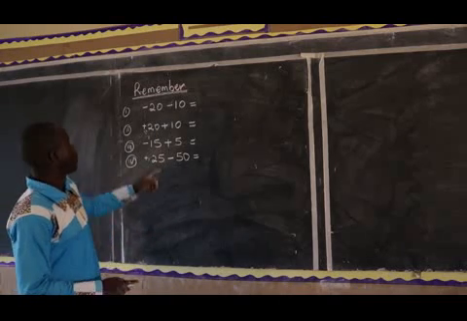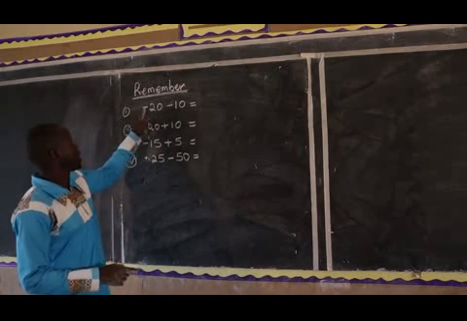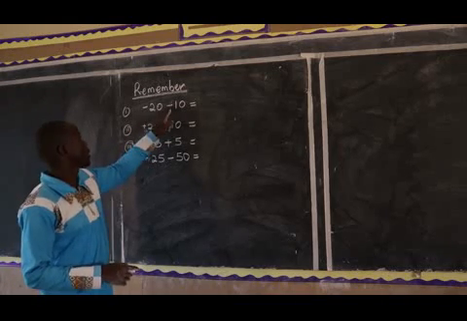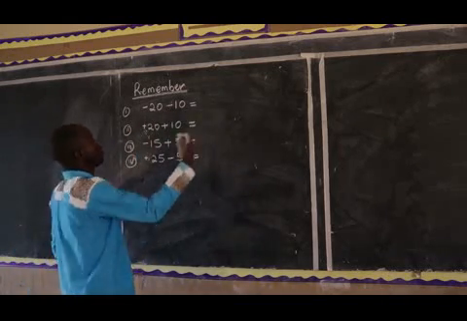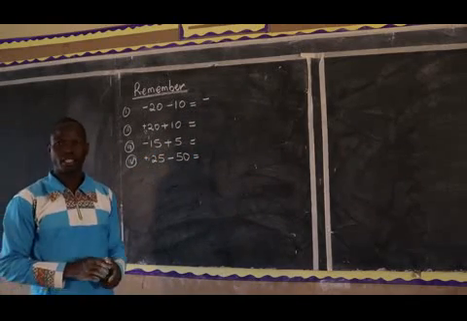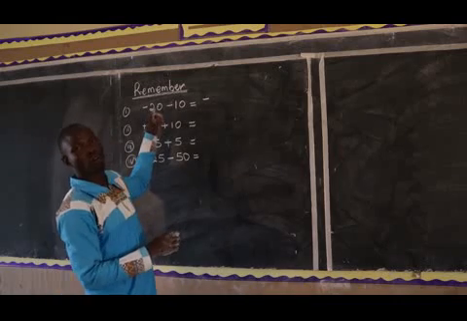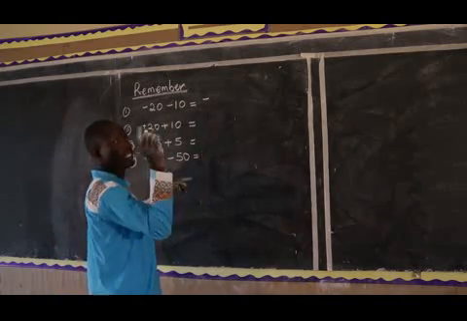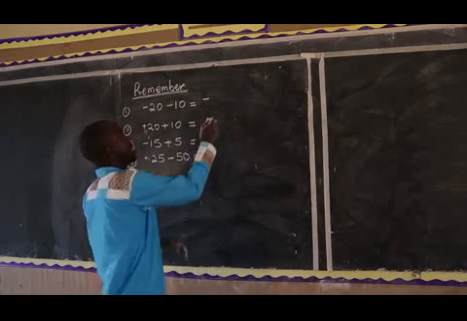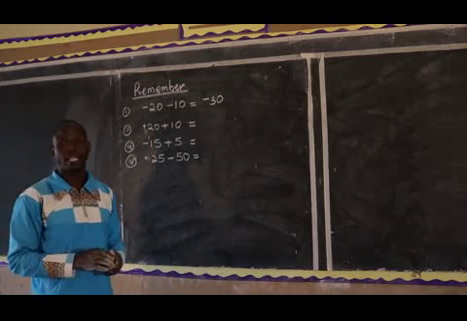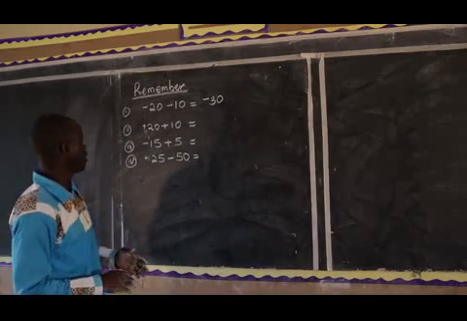One, when you look at 20, it has a negative, 10 has a negative. When two numbers have the same sign in addition of integers, you write the same sign and you add the numbers. So when you add 10 to 20, you get 30. That 30 finds our negative already written, and we shall therefore say negative 20 minus 10 gives you negative 30.